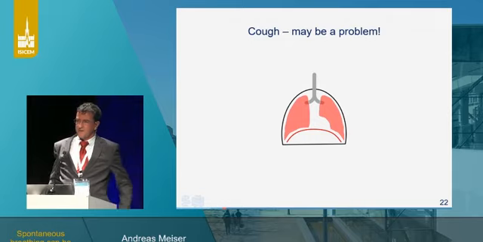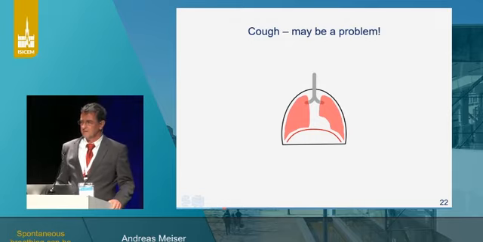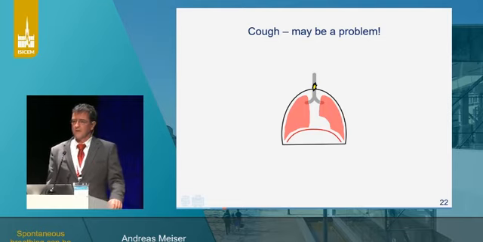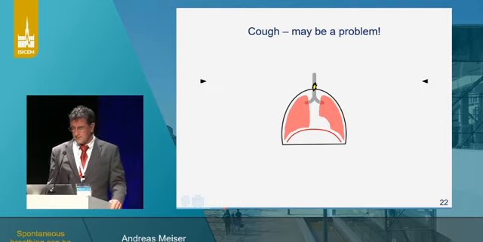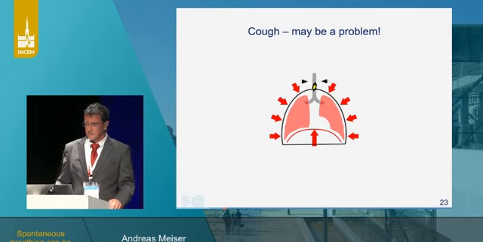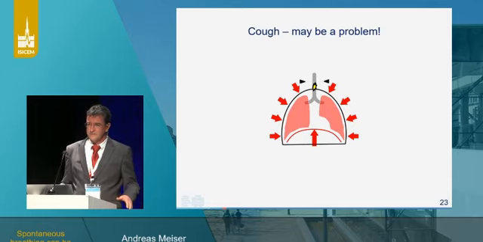There's one thing associated with spontaneous breathing that is bad. That is cough. Cough usually is a very useful physiological reflex. If we have something in our trachea, something irritating, mucus or foreign material, we will close our glottis, we will exert pressure, then we will suddenly open up the glottis, and the resulting high flow will blow everything out of our trachea.